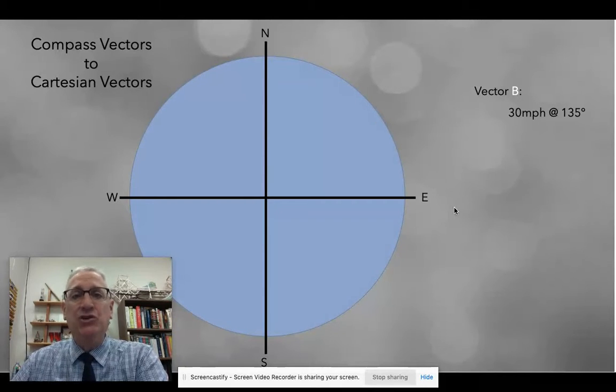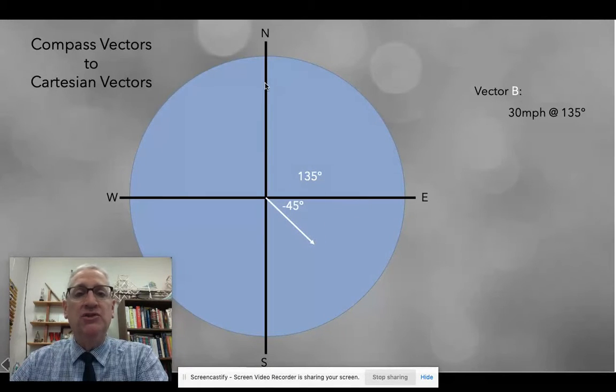So if we're adding two vectors within the compass world, we start here with compass being 0, and we come 135. We go past 90 and down here, where it's 45 degrees below the x-axis. And in the Cartesian world, that's negative 45. This being 0, that being negative 45.